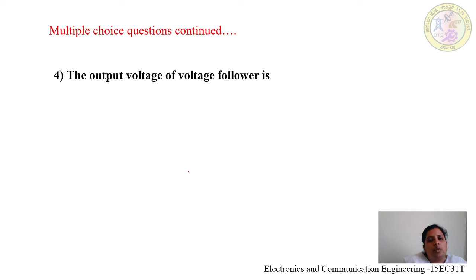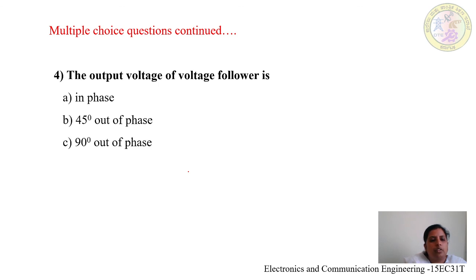The output voltage of a voltage follower is: option A, in phase; option B, 45 degree out of phase; option C, 90 degree out of phase; option D, 180 degree out of phase. The output voltage is the same as the input voltage, so the output voltage of the voltage follower is in phase with the input voltage.